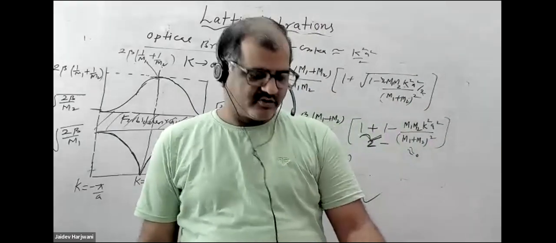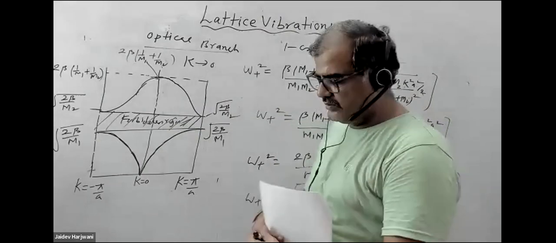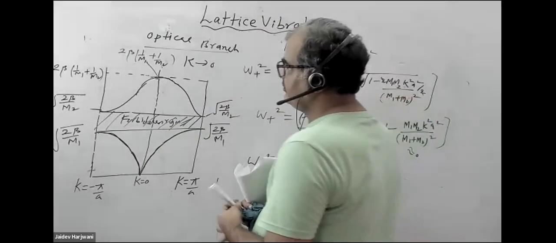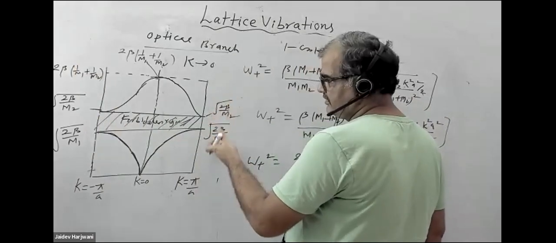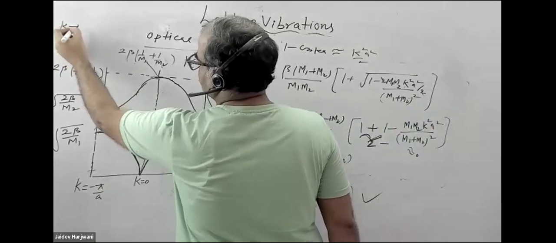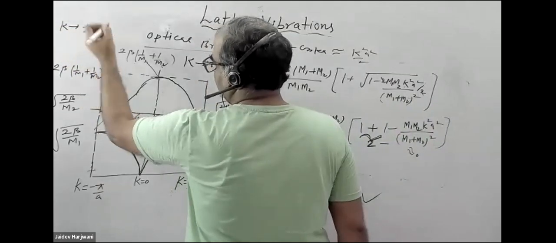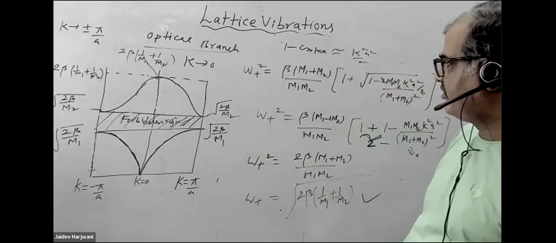That is your homework. You have to do it for k equals plus minus pi by a, and you can verify your values here. They should come like this. For k tends to plus minus pi by a, you have to calculate the optical values.